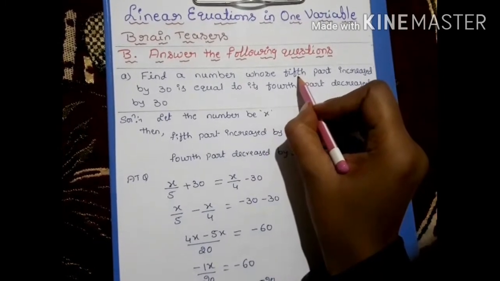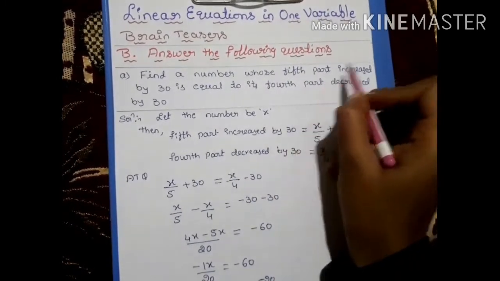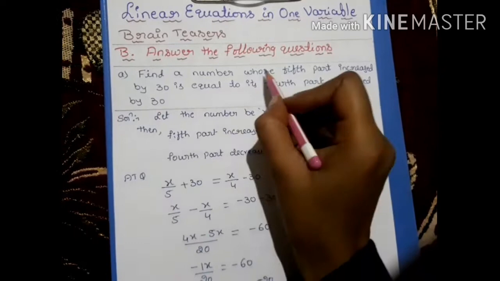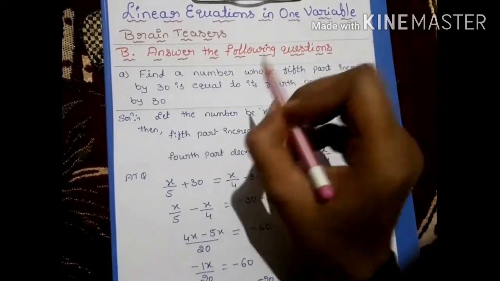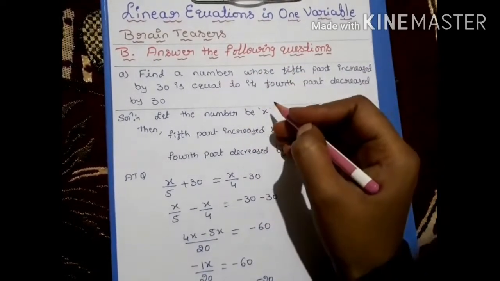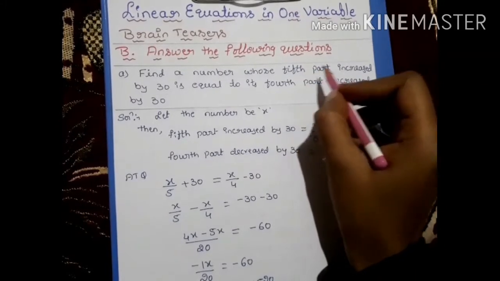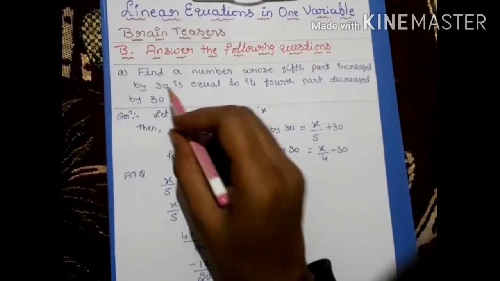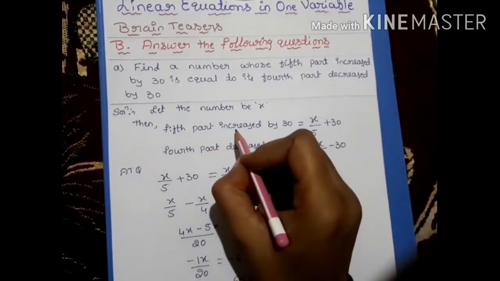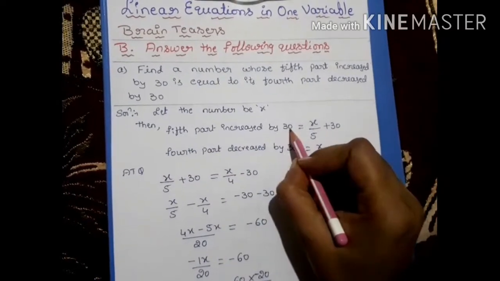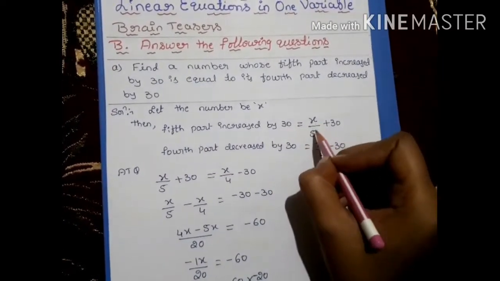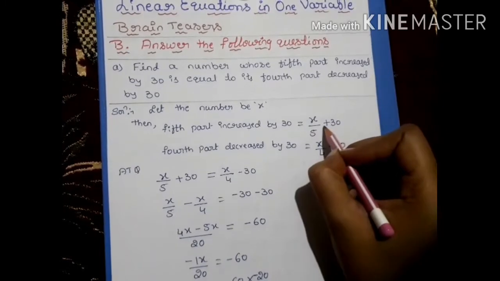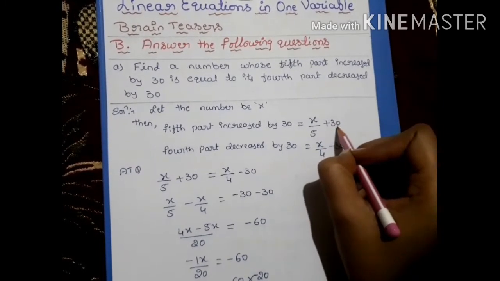Condition given here, whose fifth part increased by 30. x is the number, whose fifth part is nothing but x by 5, increased by 30. So write down here, fifth part increased by 30 can be written as x by 5 plus 30. Increased means you have to write plus 30.